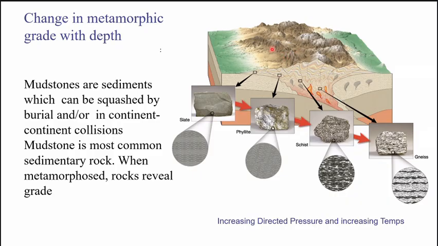As it is being pushed into depth, you can see it changes to phyllite. Further pushing, it changes to schist. As it undergoes more pushing, it finally changes to gneiss. So you can see the temperature grade is increasing as you're going this direction, telling you the grade of metamorphism, telling you temperature and pressure is increasing.